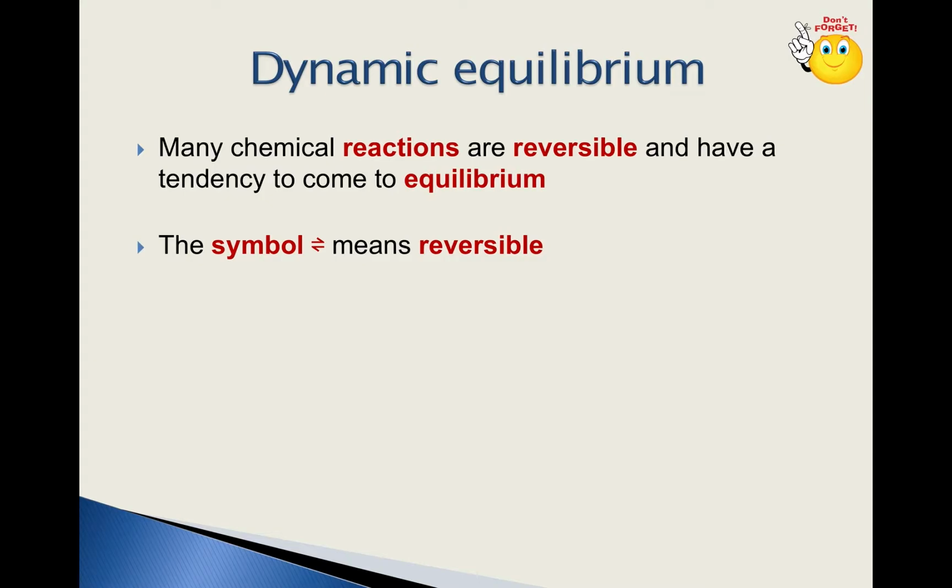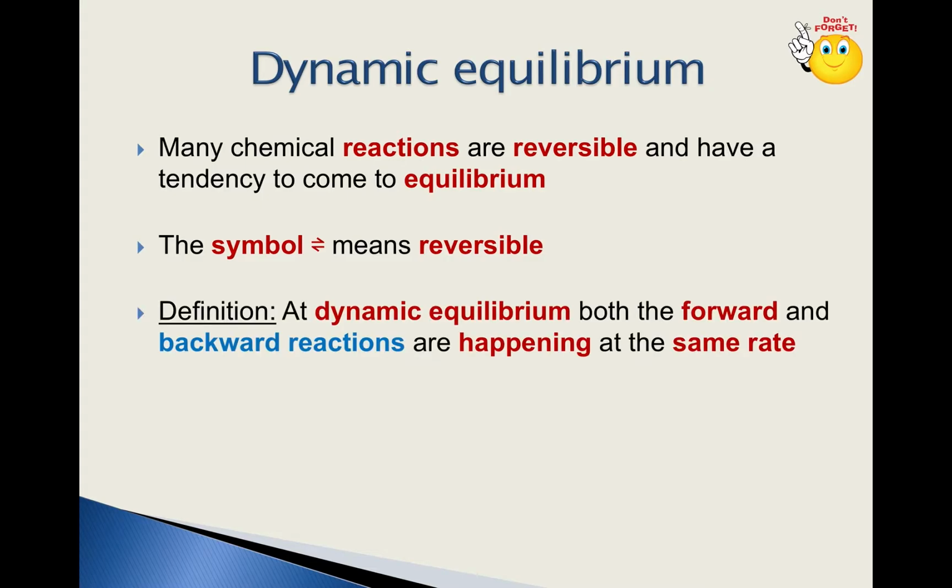The symbol that we've already been talking about, these two arrows, means that the reaction is reversible. But what does this term equilibrium or dynamic equilibrium mean? I'm going to start by looking at the definition of dynamic equilibrium, and then we'll briefly look at one example. And in the lessons to come, we'll certainly look at this term dynamic equilibrium and the term equilibrium again, because that's what this section forms.